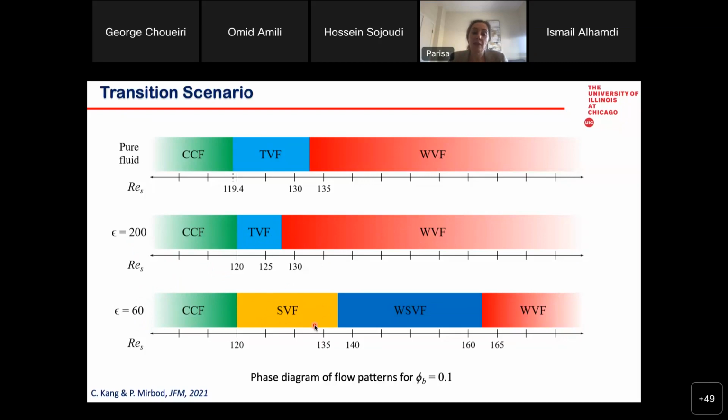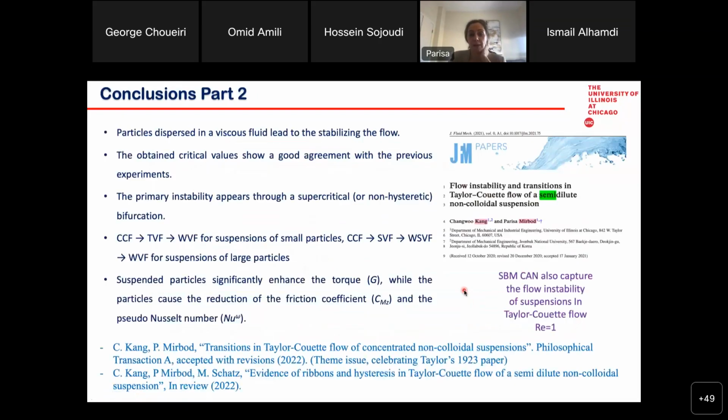I have to note that by adding more particles, we even found another modulated wavy vortex flow, and also ribbons occurring inside the system. And these are all in papers that are in review or would be published hopefully soon.